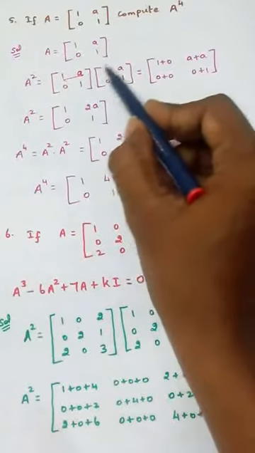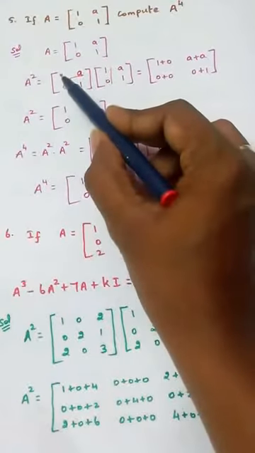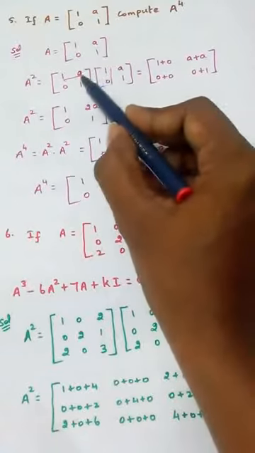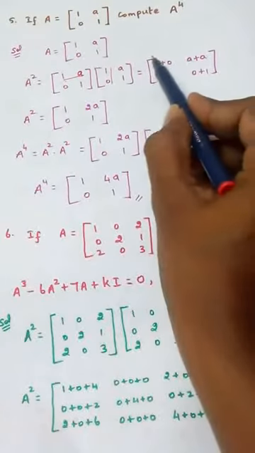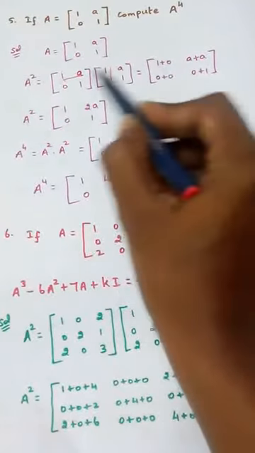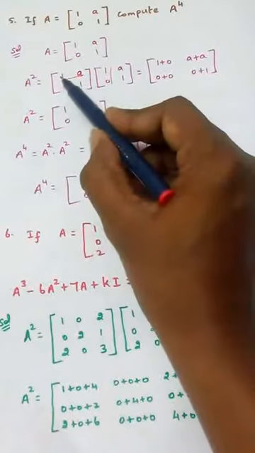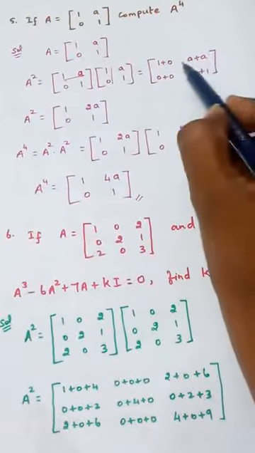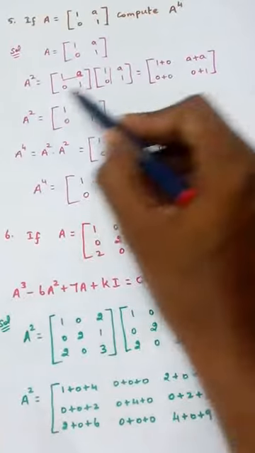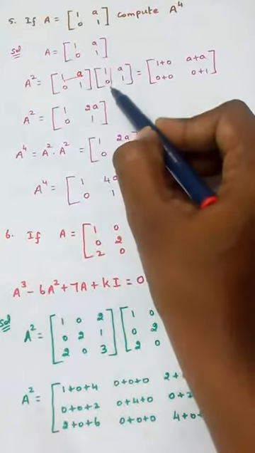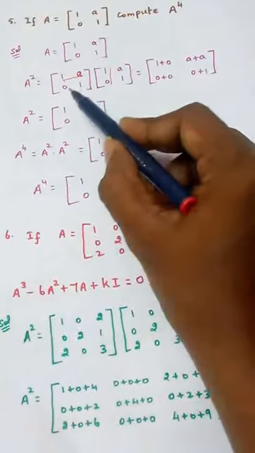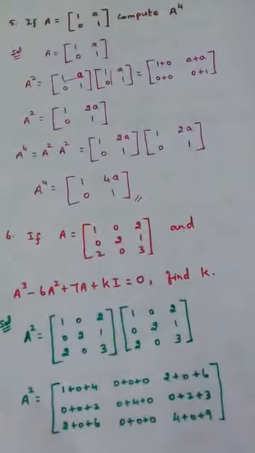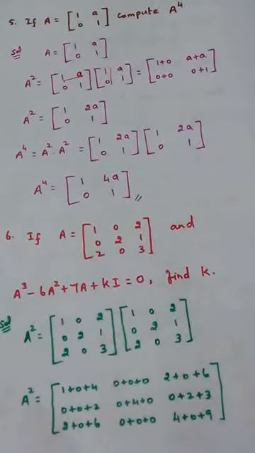When I take first row, first column, this element goes with this, and this with this. That is what is written as the first element. First row, second column gives the second element. Second row, first column is the third element, and second row, second column is the fourth element. Like that we have to multiply.